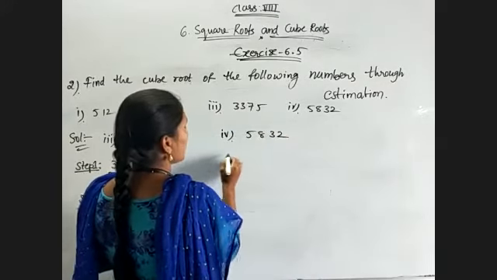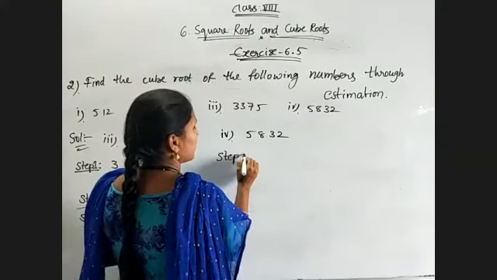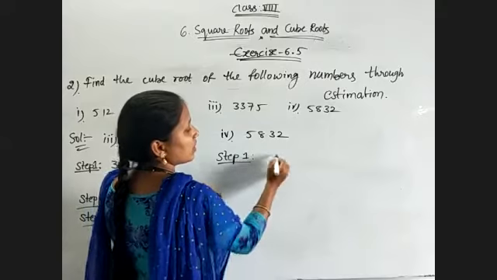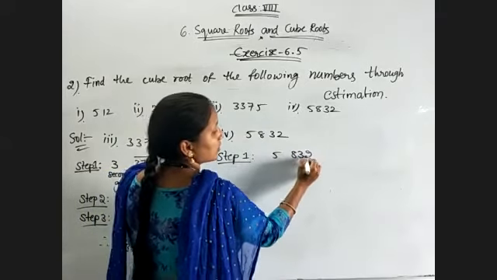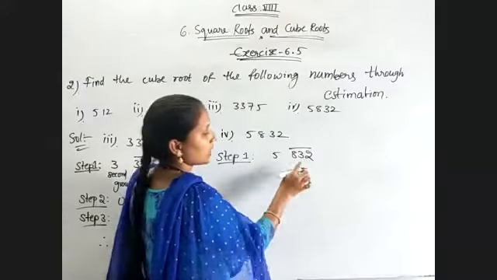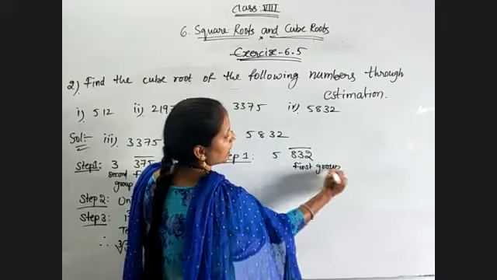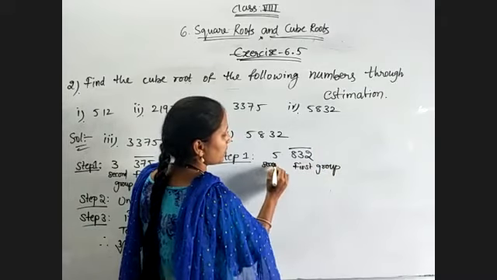5,832. So in the first step, what we have to do? Separate the given number into groups. So it is the first group and it is the second group.